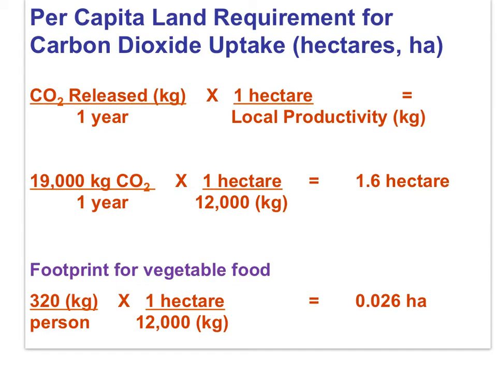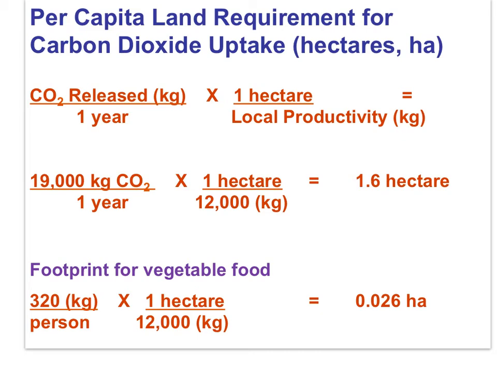Here's a sample calculation for carbon dioxide waste. North Americans emit 19,000 kilograms of carbon dioxide per person per year. I know that seems astounding, but it's an accurate figure. For local productivity, I've used the productivity of the temperate deciduous biome, 1,200 grams per square meter per year, converted to 12,000 kilograms per hectare.